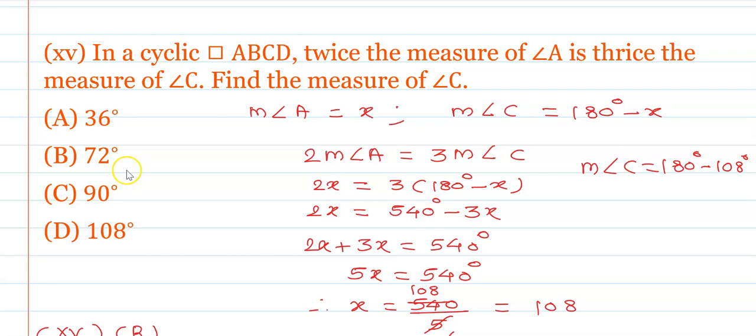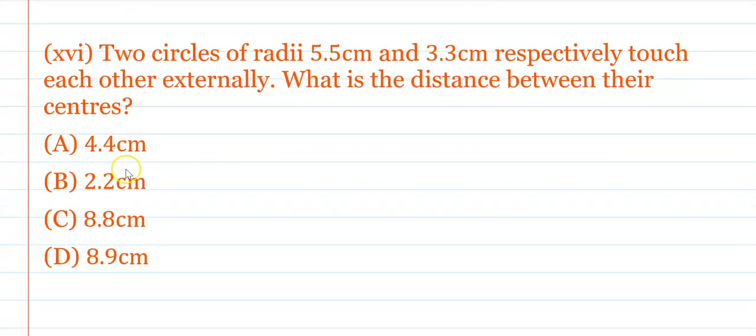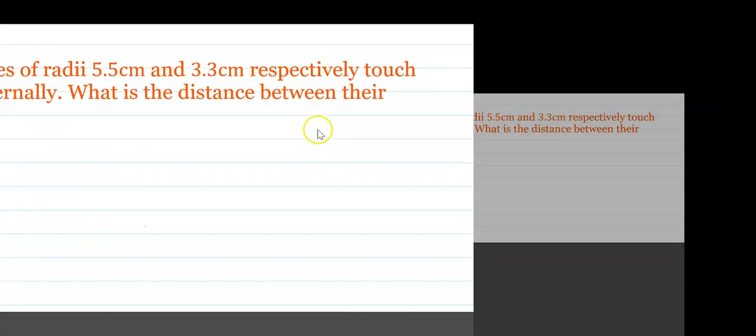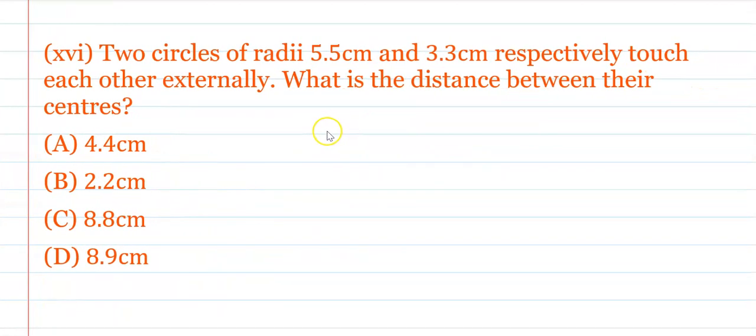Now the next question. Two circles of radii 5.5 centimeters and 3.3 centimeters respectively touch each other externally. What is the distance between their centers? When circles touch externally, the distance between their centers is the sum of the radii.